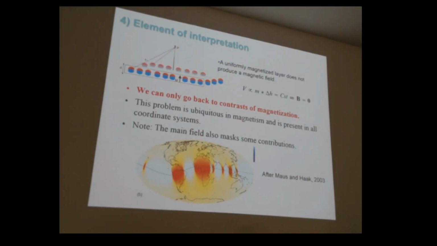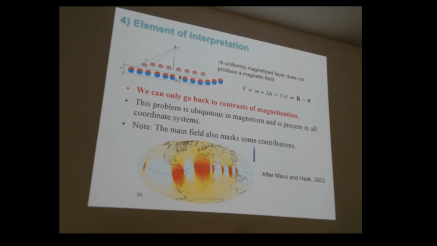Okay. Another problem is that if you express the magnetic potential in terms of the magnetization times the thickness of the crust, which is delta H, you end up with a constant, of course. But the magnetic field is a gradient of the potential, so the magnetic field would be zero.